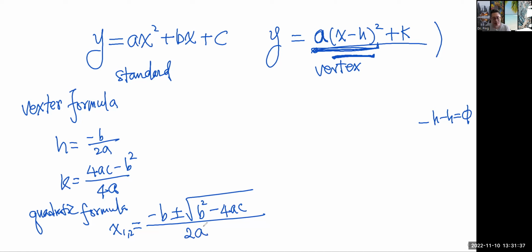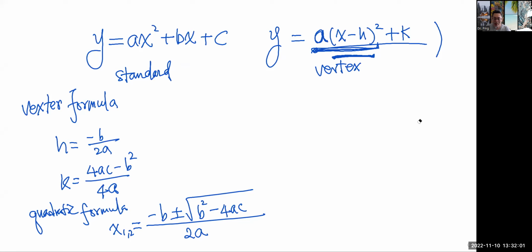I'm not really good at memorizing things, so for me, everything has to make sense. But the reason I can memorize this is because I know how to derive it. Once you go through that process, it makes it easy for you to remember these two formulas.